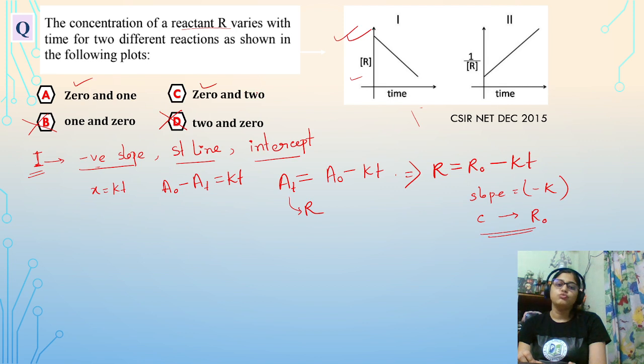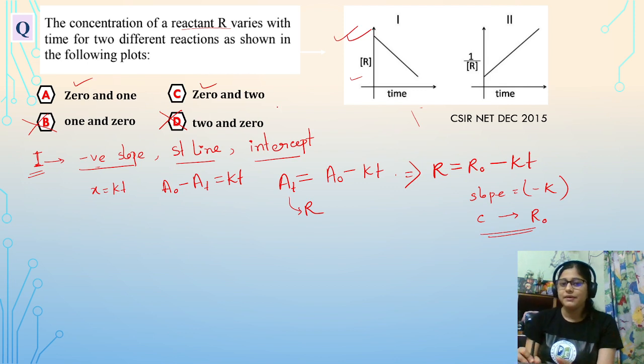We know that for the first order reaction the log value should be there, but here only 1 by R is given, no log. So from that only we can say this one will be the correct answer. But I am solving it here for your understanding, so that you will not be confused.